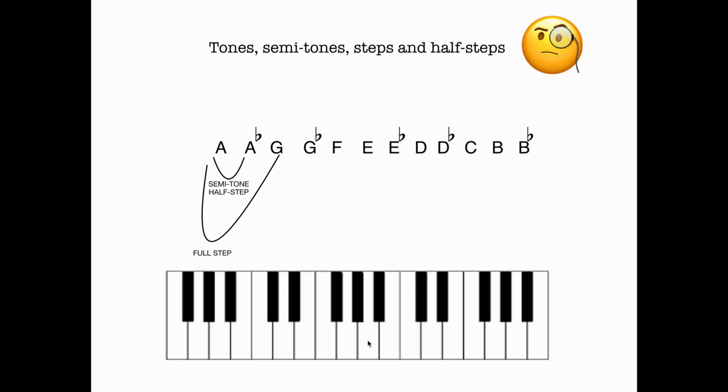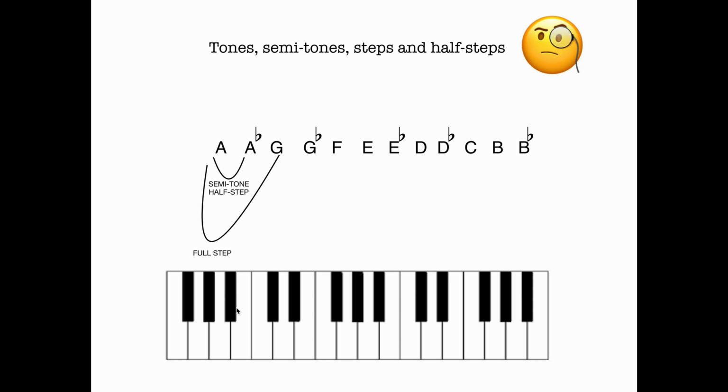So this is an A, half step A flat, half step down G, half step down G flat, to F, E, E flat, D, D flat, C, B, and B flat.